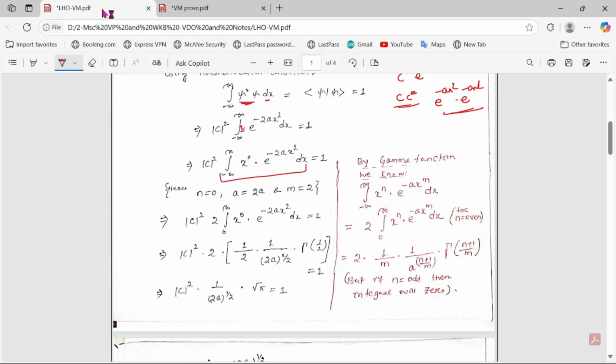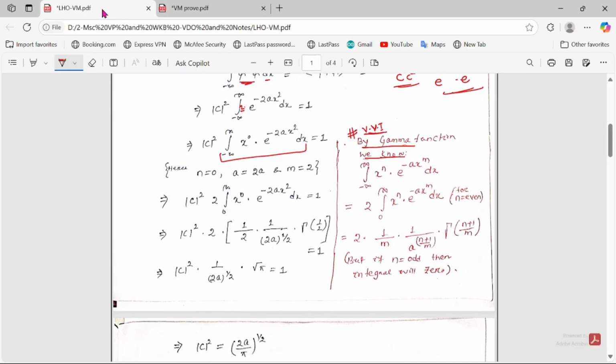Because I have to apply the gamma function. This is an important integral that you have to always remember, because it is required in many places in physics, in derivations as well as in solving different questions.